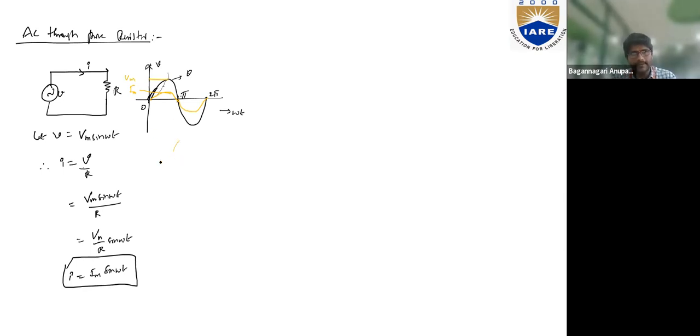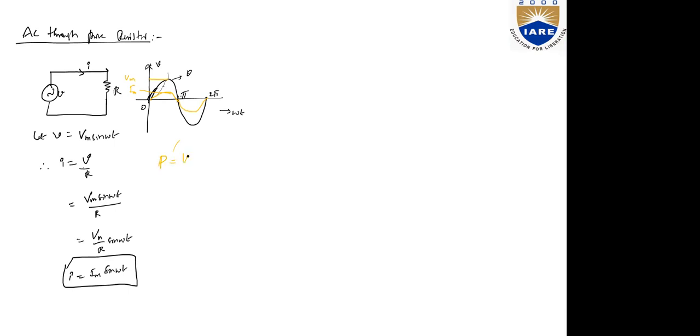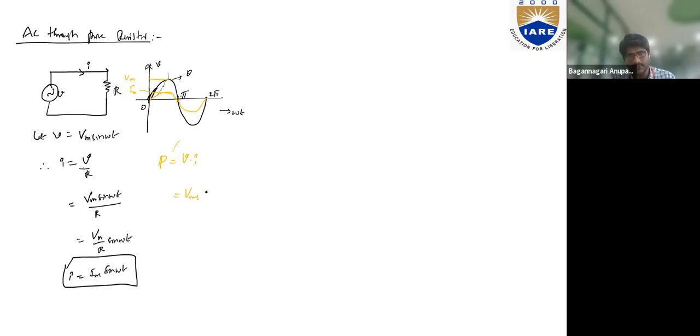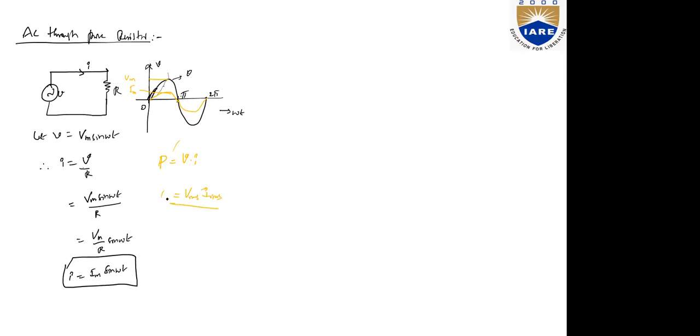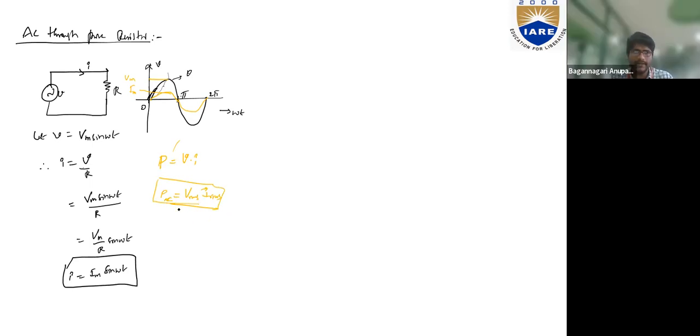And I can calculate the value of P for power. What's the equation I can write for power? V into I, right? We just now derived the equation. What is the equation we wrote? VRMS into IRMS. Did we derive this? Yes, we derived that PAC is VRMS into IRMS.